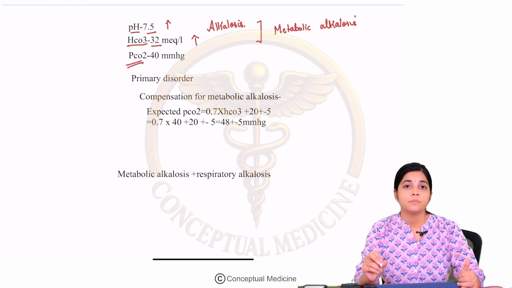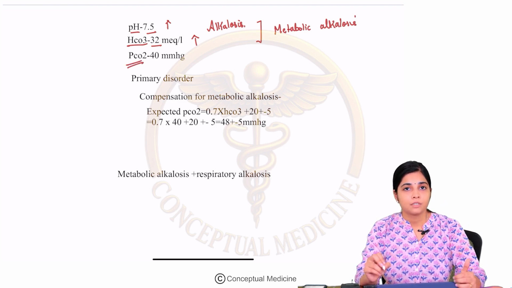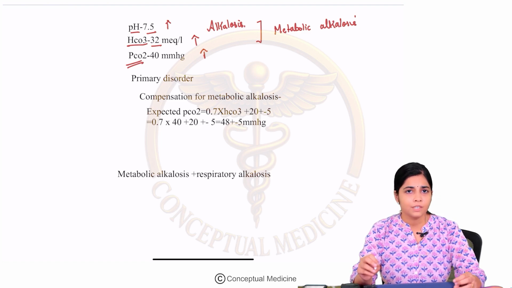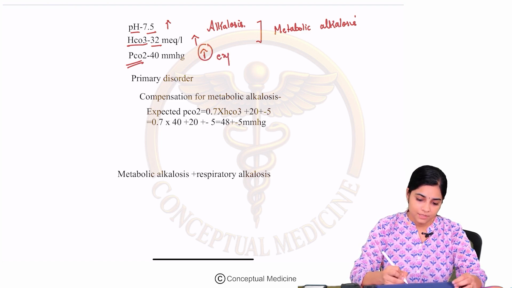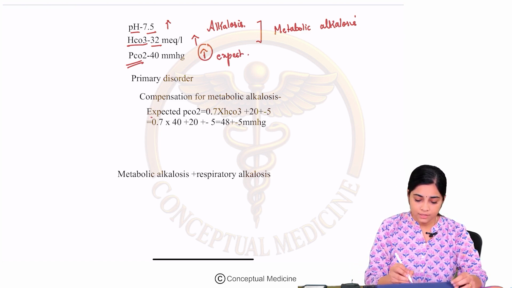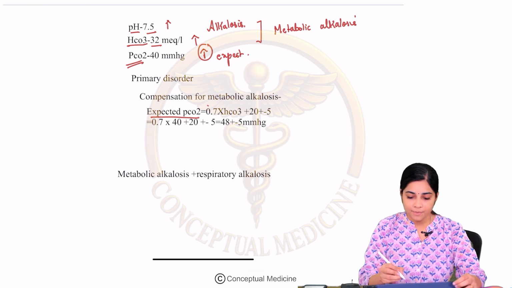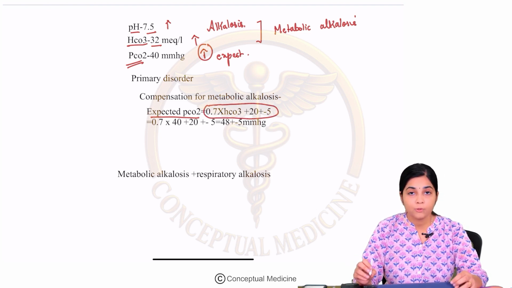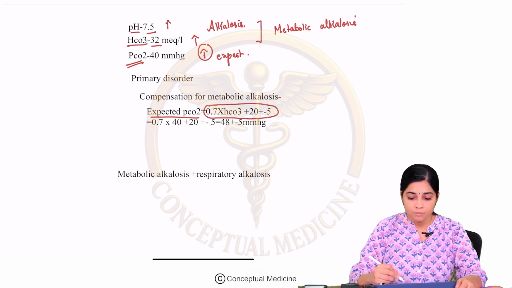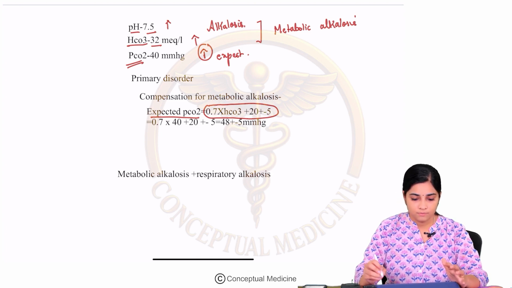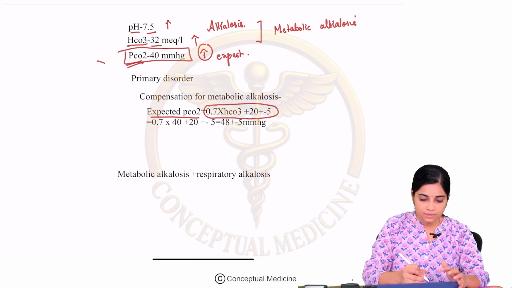So what should happen to the PaCO₂ in a primary metabolic alkalosis? The PaCO₂ should increase, right? So what will be the expected PaCO₂? The expected rise in the PaCO₂ for a metabolic alkalosis is given by 0.7 into bicarb plus 20, plus or minus 5. We will look at this a little later.